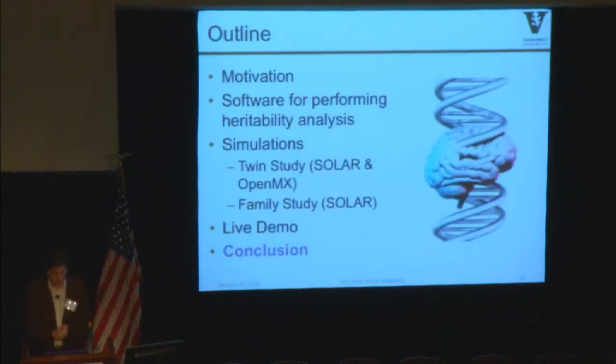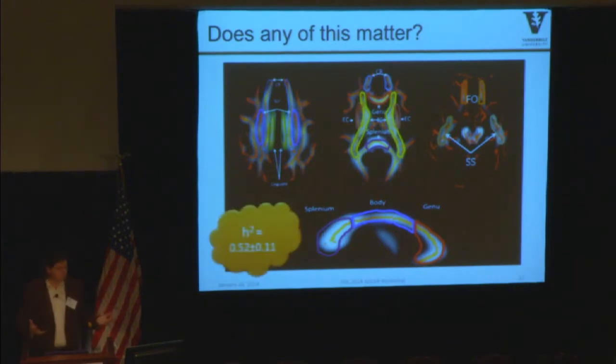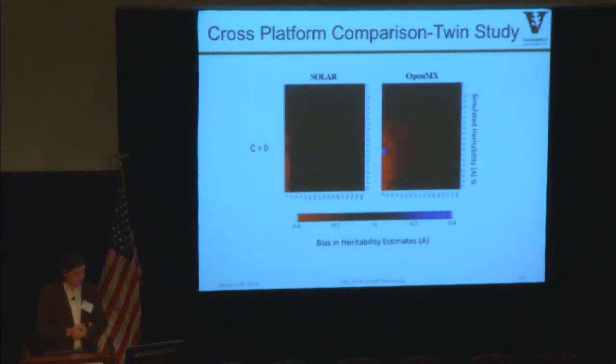So, almost ready to wrap up here. Does any of this matter? The H-squares that we were finding in the white matter tracts were about 0.5 arguably, about that ballpark, plus or minus about 0.1. So if we look at this cross-platform twin study, and that had a C effect of 0, that would be about here.